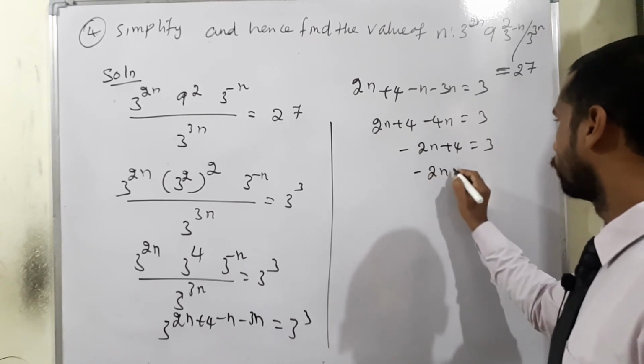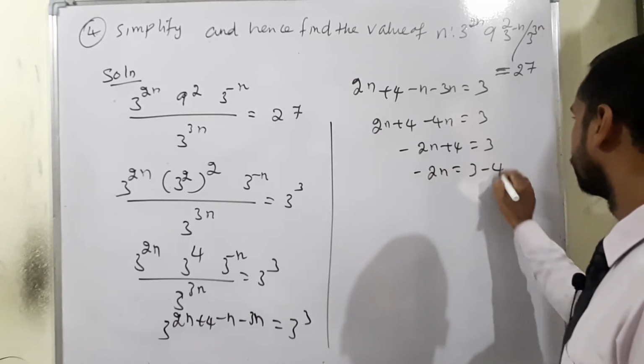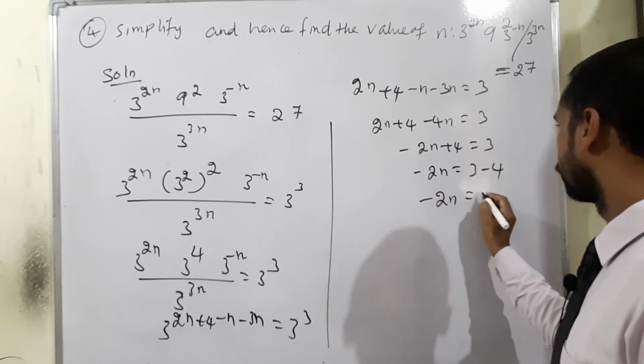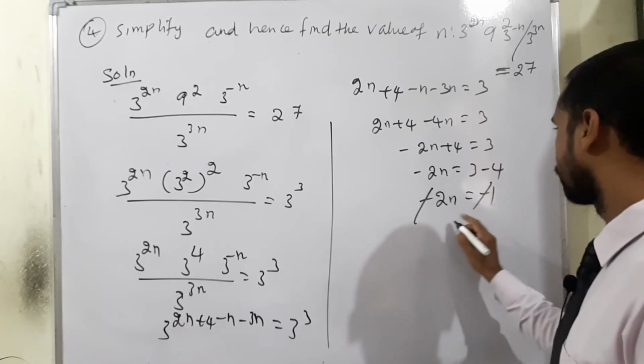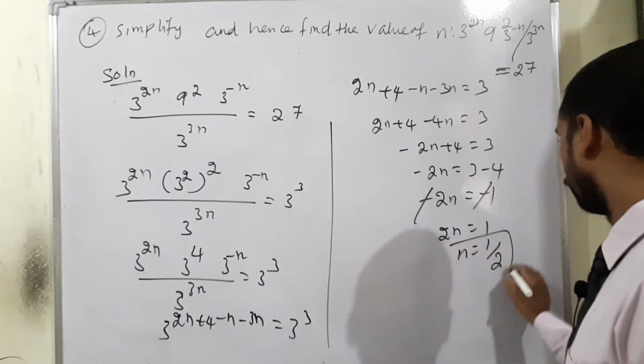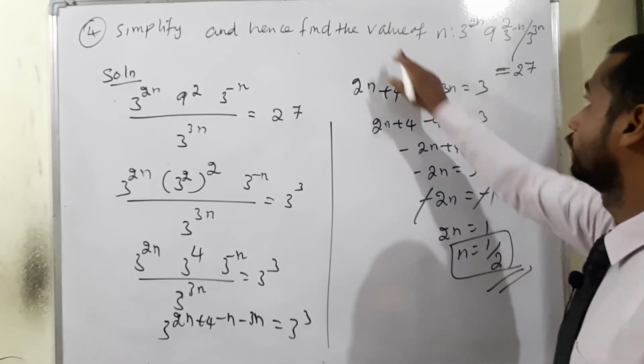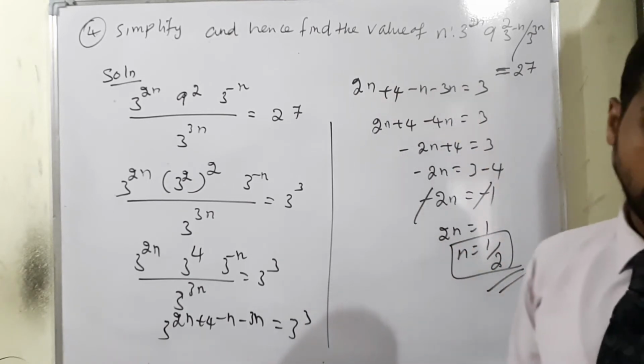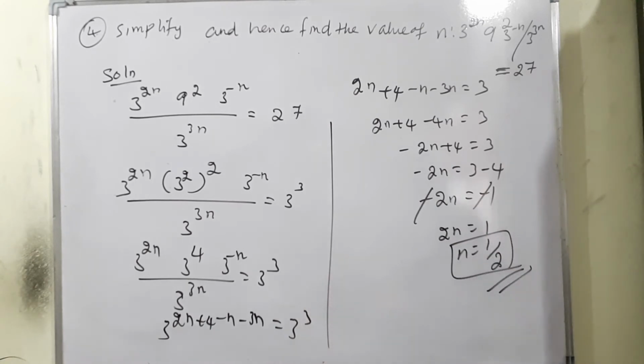Therefore, minus 2n plus 4, bring it to the opposite side, minus 4. Minus 2n is equal to minus 1. Minus minus cancel, means 2n is equal to 1. Therefore, n is equal to 1 by 2. This is our answer, because the condition also says find the value of n. Okay, I will continue with the next question.